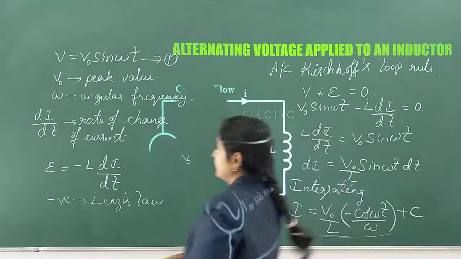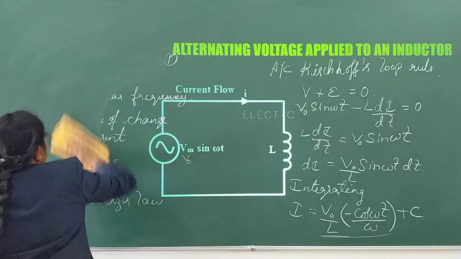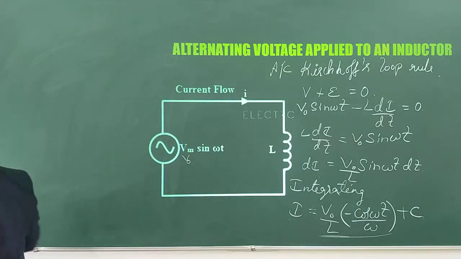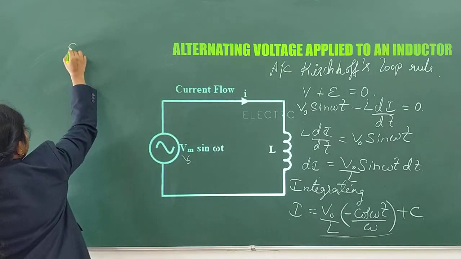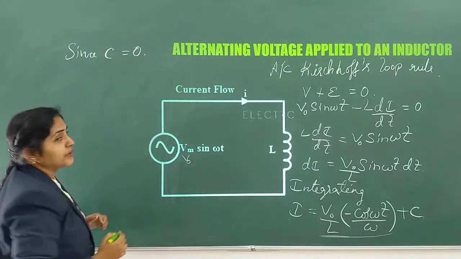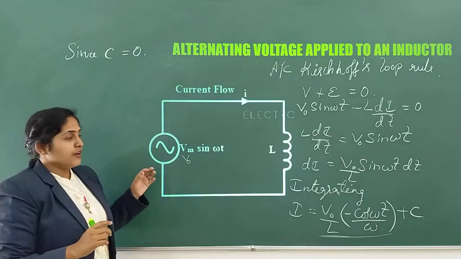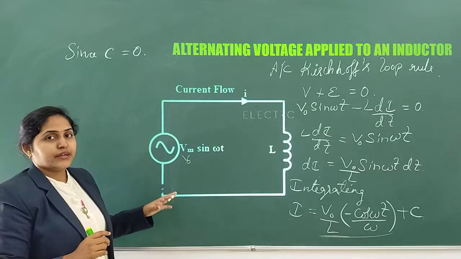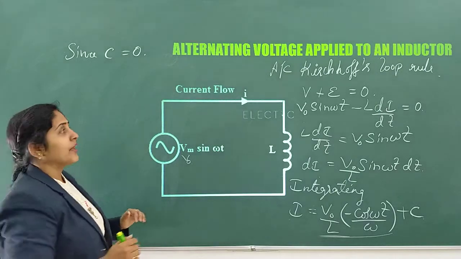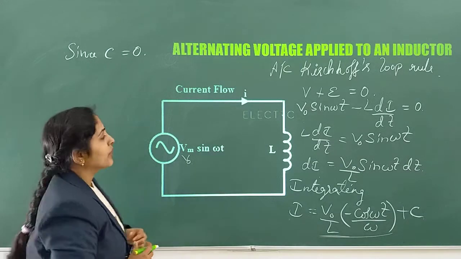So let me continue here. Now, since C equals 0, I told you the reason, you have to write the reason: the EMF of the source oscillates symmetrically about 0, and therefore the current it sustains also oscillates symmetrically about 0. Therefore C becomes 0.